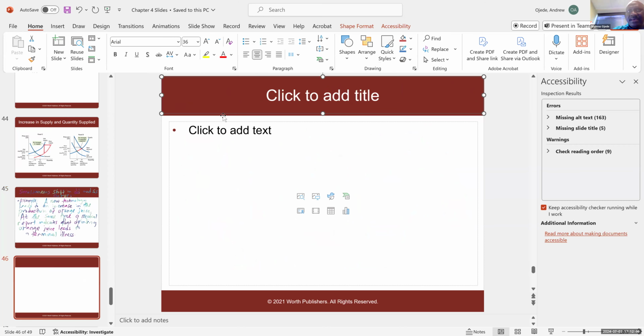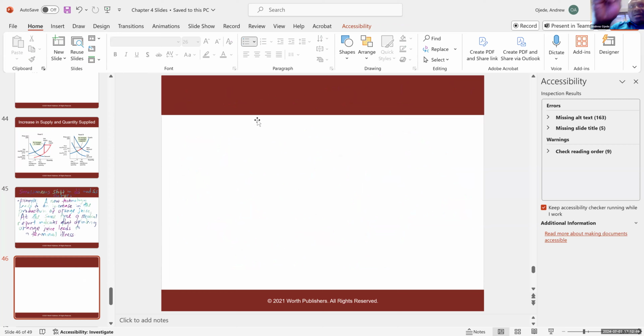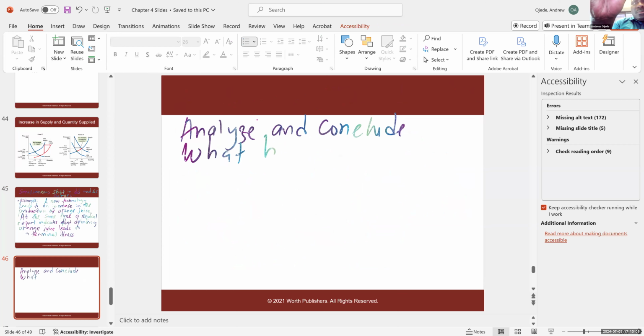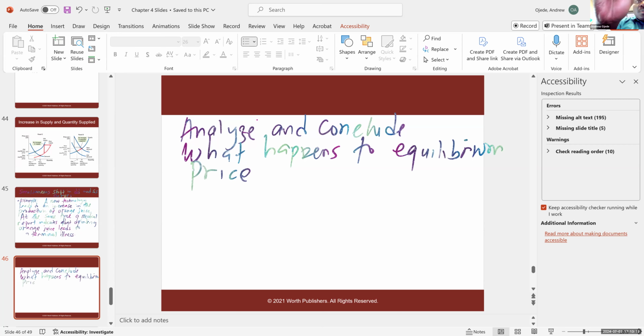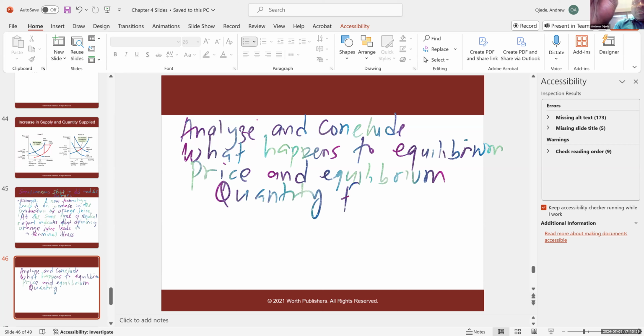I can now say: analyze and conclude what happens to equilibrium price and equilibrium quantity for orange juice.